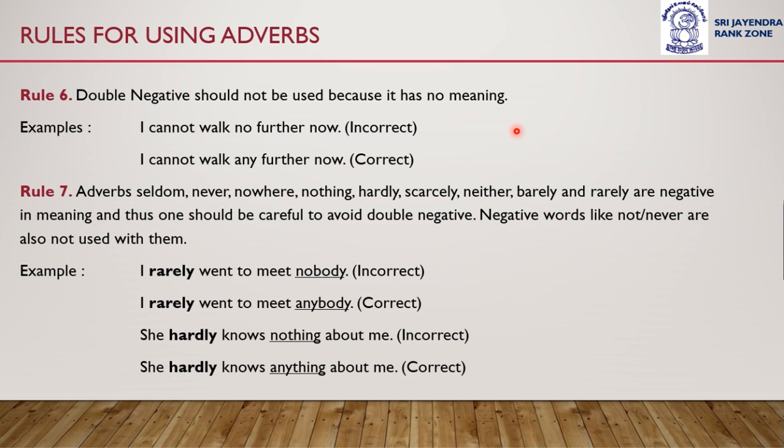Rule number 7. Adverbs like seldom, never, nowhere, nothing, hardly, scarcely, neither, barely, and rarely are negative in meaning, and thus one should be careful to avoid double negatives.